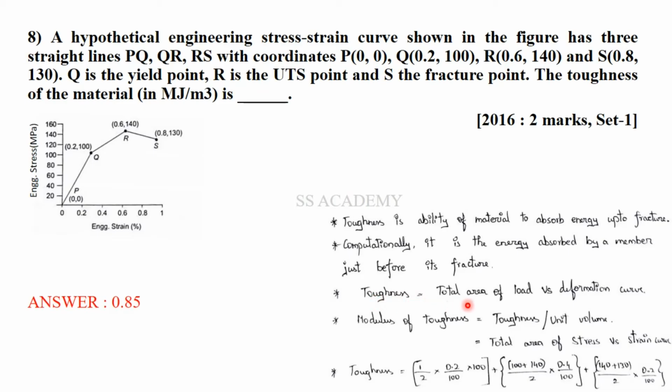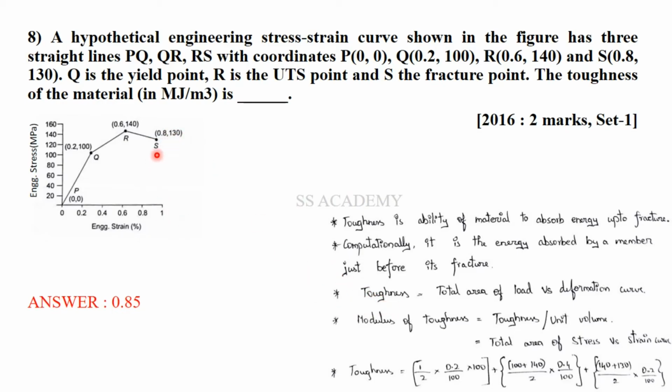Toughness is the total area of the load versus deformation curve. Why load versus deformation curve? We know that work done is given as load into deformation or load into displacement. So we are finding the total area of the load versus deformation curve to find the toughness. This total area must be found up to the fracture point to determine toughness.